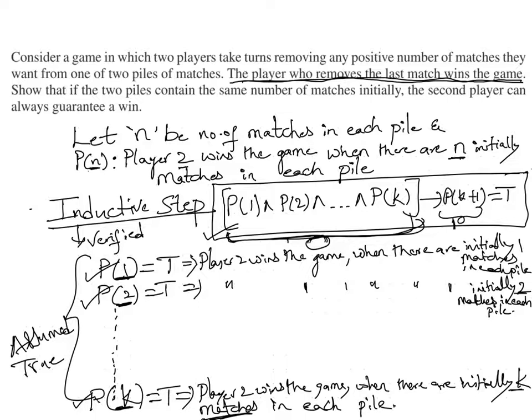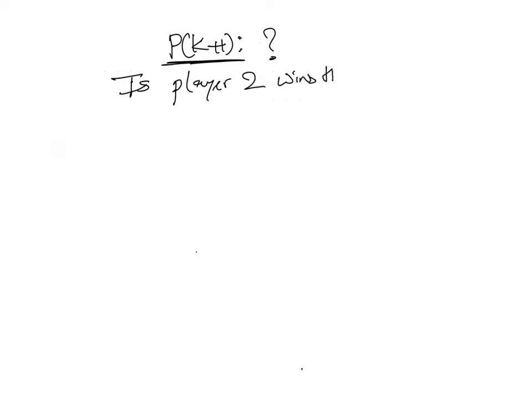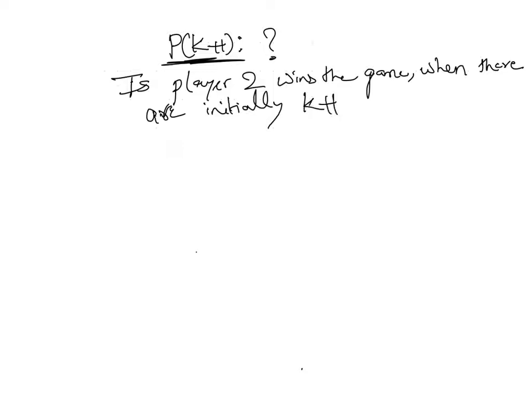Okay, now once we assume that particular thing as true, what do I want to verify? I'm going to verify P of k plus 1. So what is this P of k plus 1? It means player 2 wins the game when there are initially k plus 1 matches in each pile.